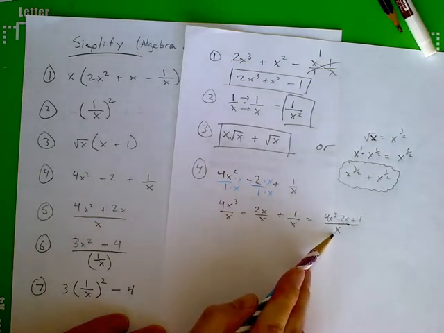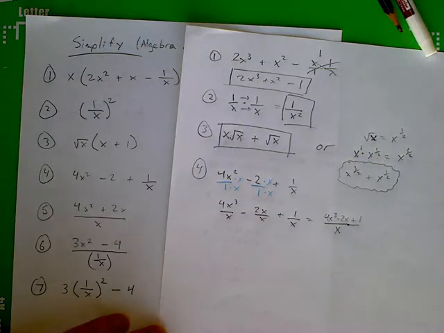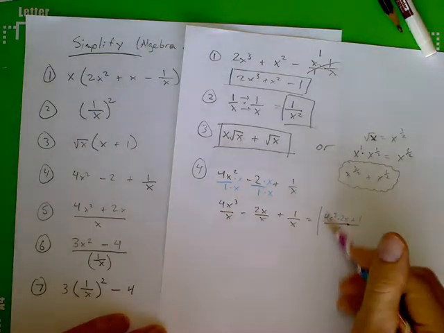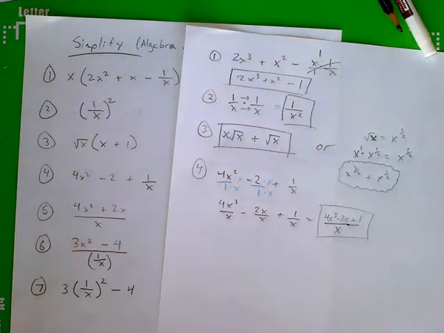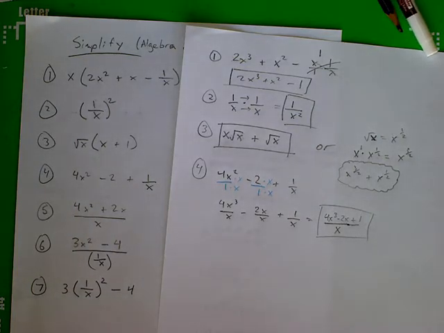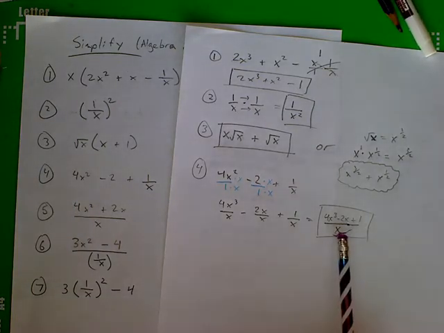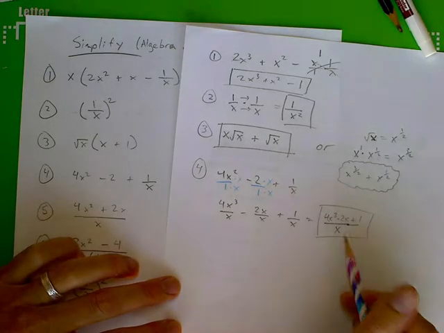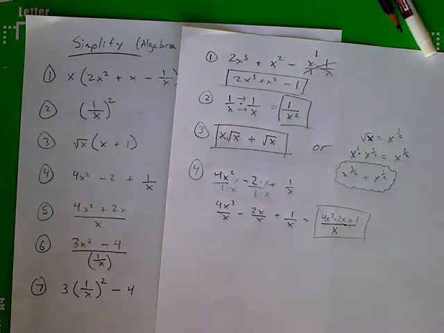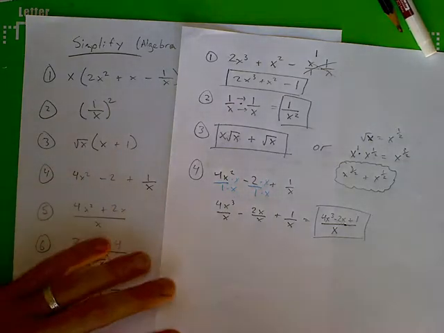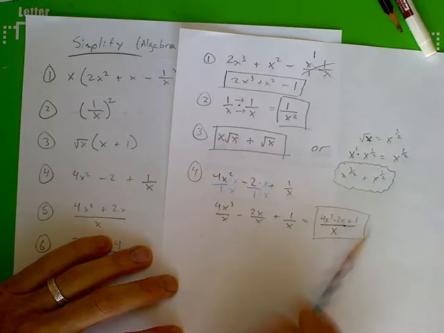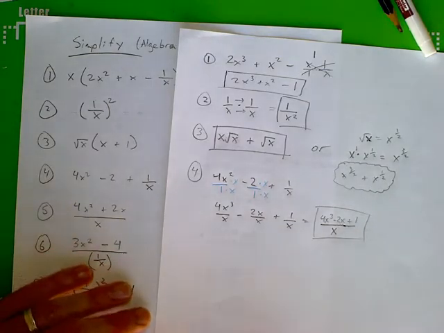And I put them all over the same x. And like we talked a little bit about in the last class, this is going to be an important thing to do when we're talking about rational functions. It tells us where we have asymptotes, zeros, things like that. So that's why we want to try and write these as a single fraction.